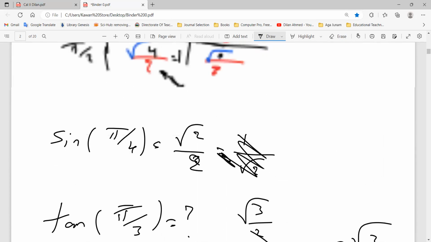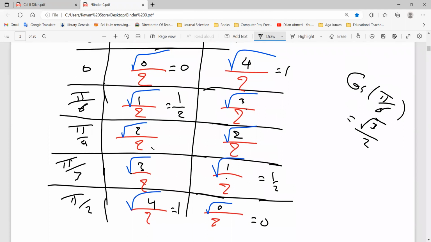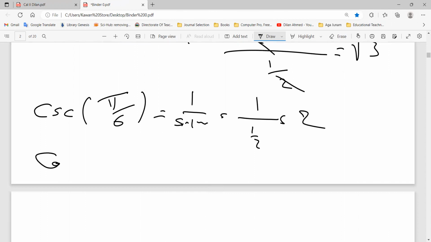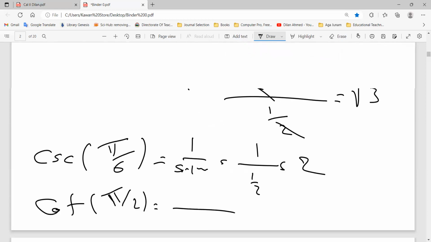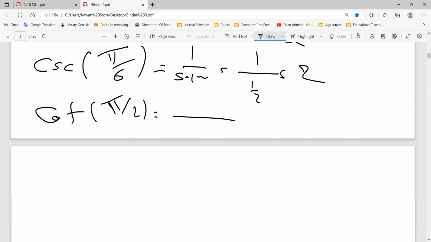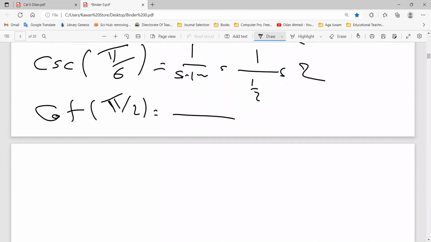So let me find pi over 6: 1 over 1/2, right? So it will be 2. Easy. So tell me about cotan of pi over 2. You can use the table or the previous one. Cotan is equal to cosine over sine, so I'll get 0. Understood?